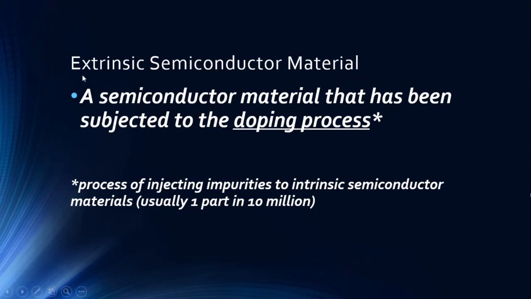And these are called extrinsic semiconductor materials. Extrinsic semiconductor materials are intrinsic semiconductor materials that have undergone what? Doping. Okay? Doping, yan, is the process of injecting impurities into pure semiconductor materials. So ganito yung ratio. Usually, 1 part is to 1 million or 1 is to 10 million.